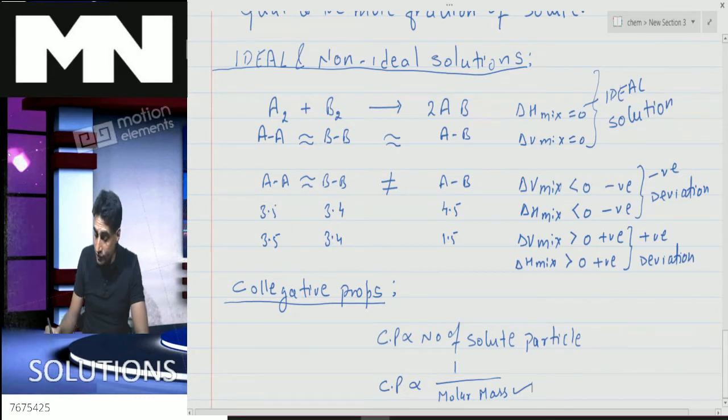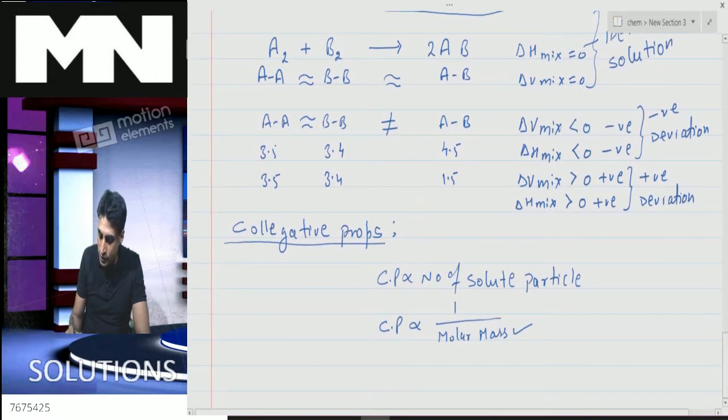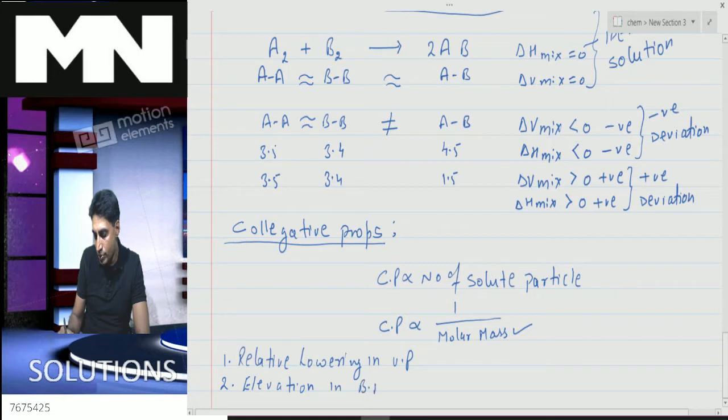We have 4 different types of colligative properties. The first one is relative lowering in vapor pressure, which we have already done in Raoult's law. Second is elevation in boiling point, which we'll do.